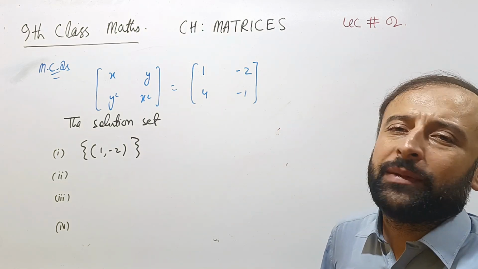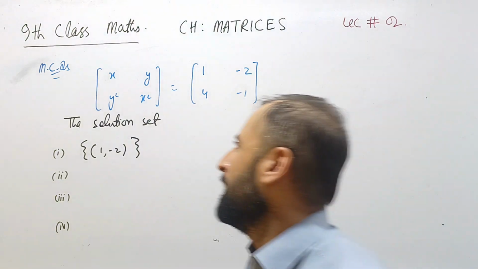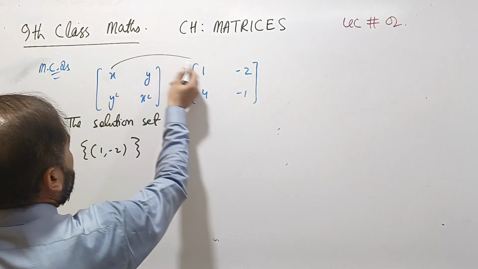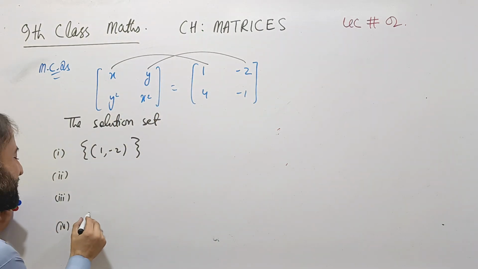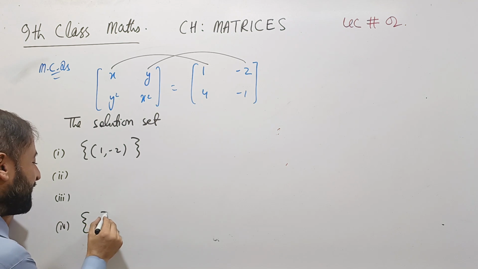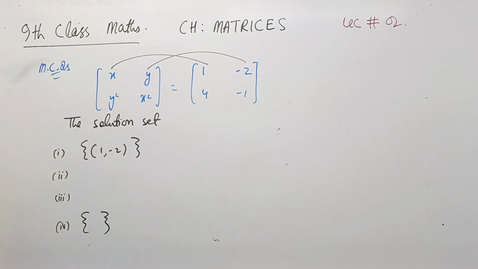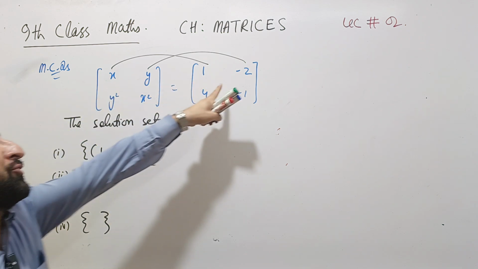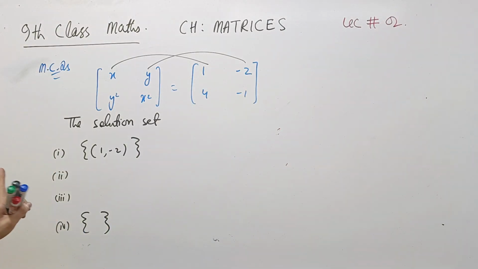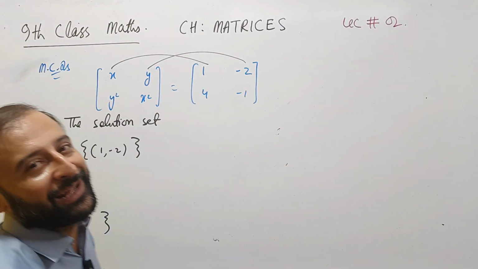A person will come and say it's very simple: the value of x is 1 and the value of y is minus 2, and hence 1, minus 2 is the solution set. Otherwise, it's not the correct option, and if he goes for this 1, minus 2, it means he doesn't understand the meaning of solution set.